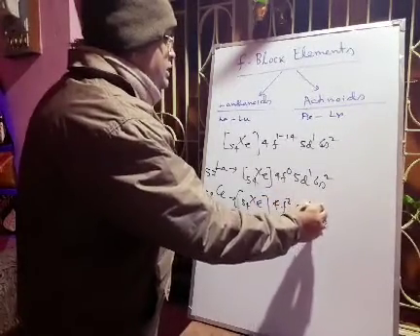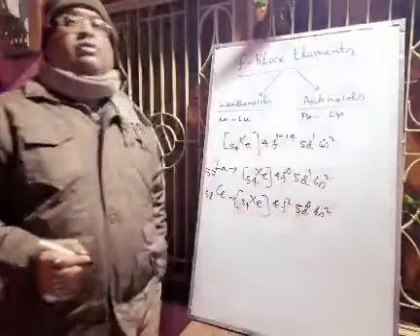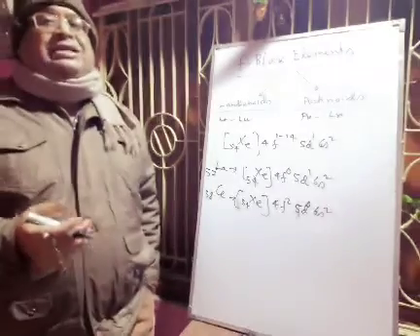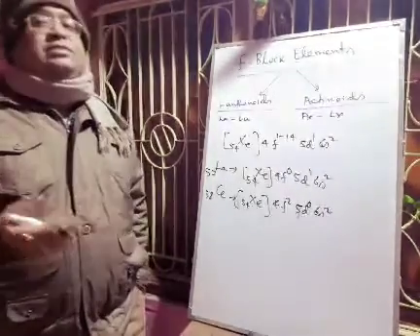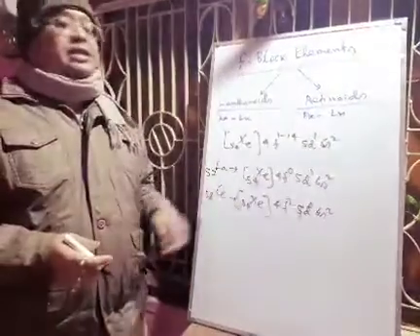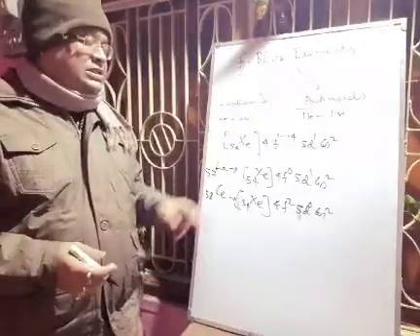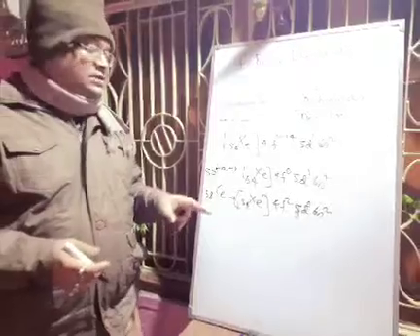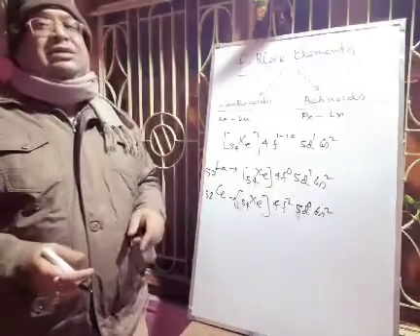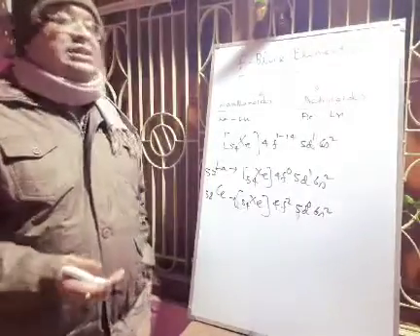That is the electronic configuration of cerium. Next, after cerium there is praseodymium, where it will be 4f3. In this way you will practice this thing. Electronic configurations are in your syllabus, and you have to practice them.